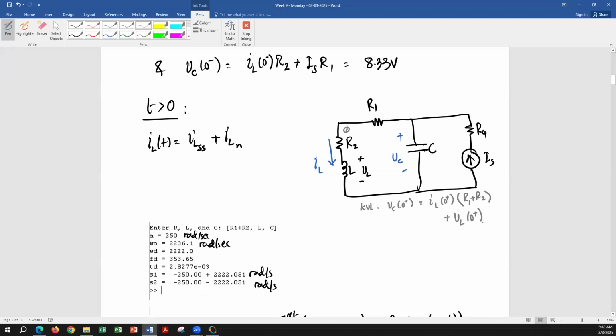Okay, observe this equation and tell me if this KVL equation is correct. Of course, iL(0 positive) will be flowing through R1 and R2, since R1 and R2 are in series.